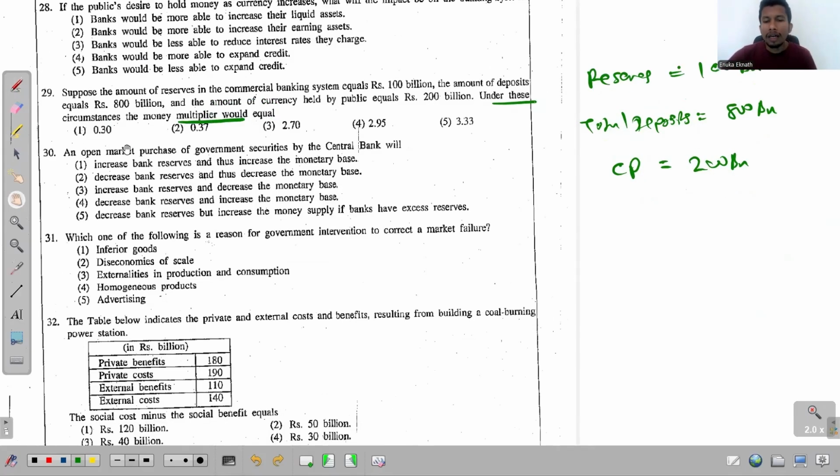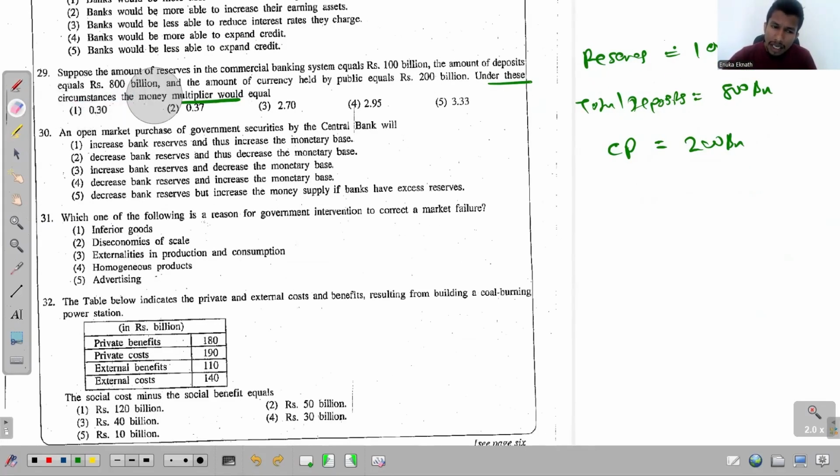If so, let me ask this question. What's the equation for calculating this money multiplier? The money multiplier is the ratio between the money supply and the high powered money.